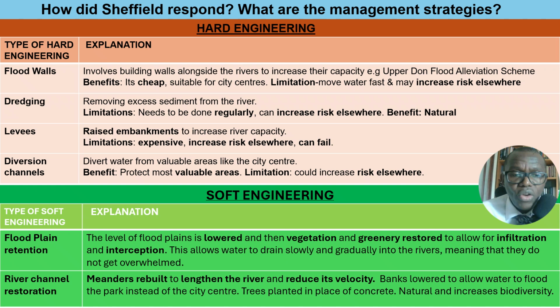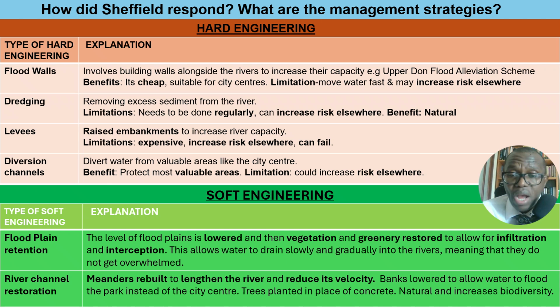Now, okay, so the next one is levees, and levees are raised embankments to increase river capacity. And they are similar to what I was explaining about the dredged material being put on the riverbanks. So the levees is where you are raising the river banks, and those are referred to as raised embankments, and they increase river capacity.